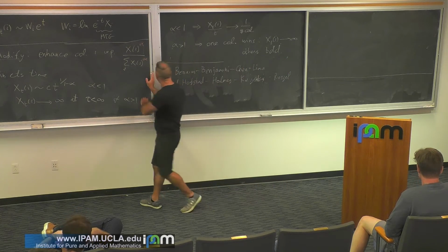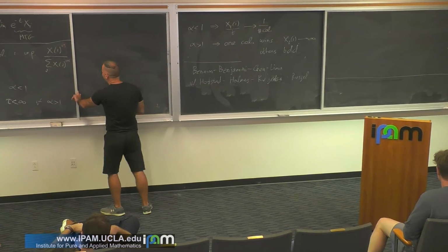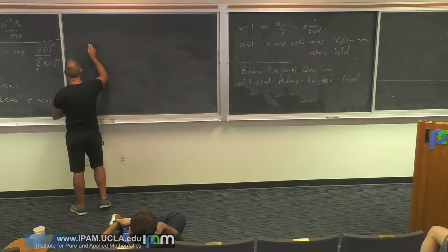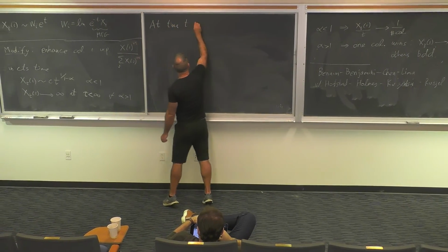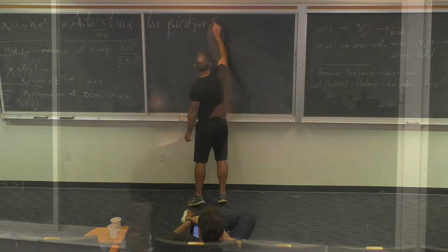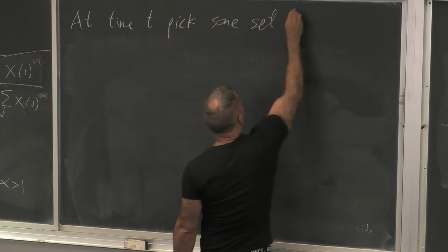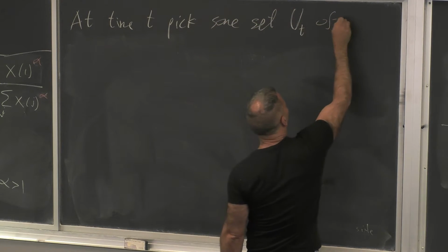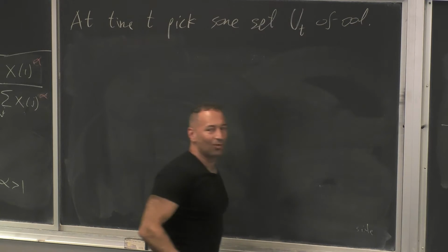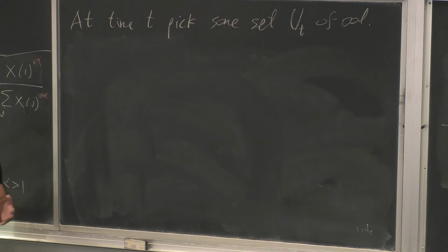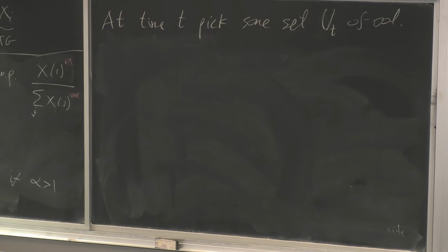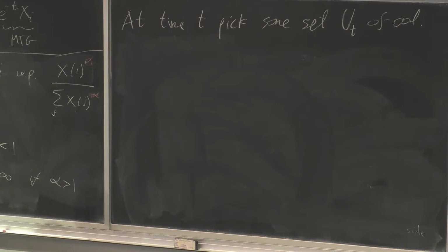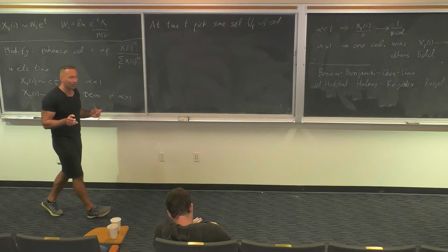So at time t, we are going to pick some set U_t of colors. It could be all the colors, but if it's all the colors, then it's just what we did before. If it's just one color, it's not interesting, but we pick some subset of the colors, and we just run the competition just between those colors.